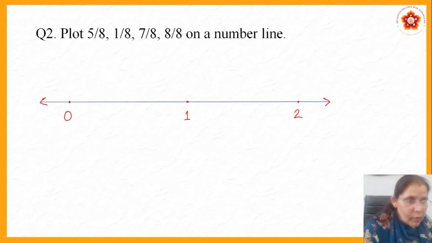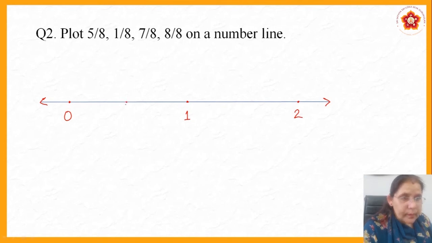Be very careful while putting it up. 7 points at equal distances. So if I put one at the center of 0 and 1, that will be 1 point. So 3 points behind this point which I have marked and 3 points ahead. Then I'll get 7 points. Let me mark them.